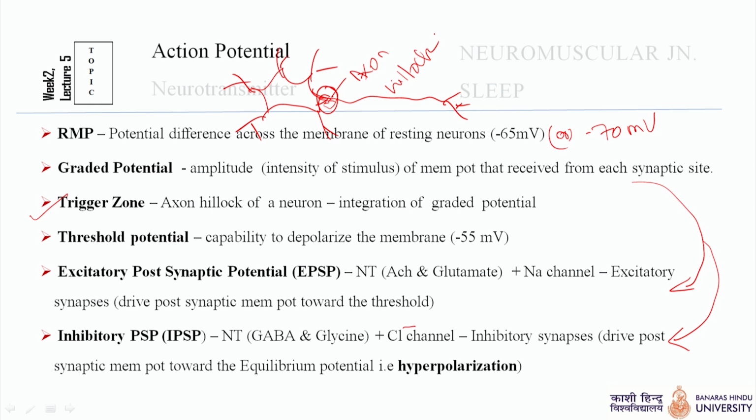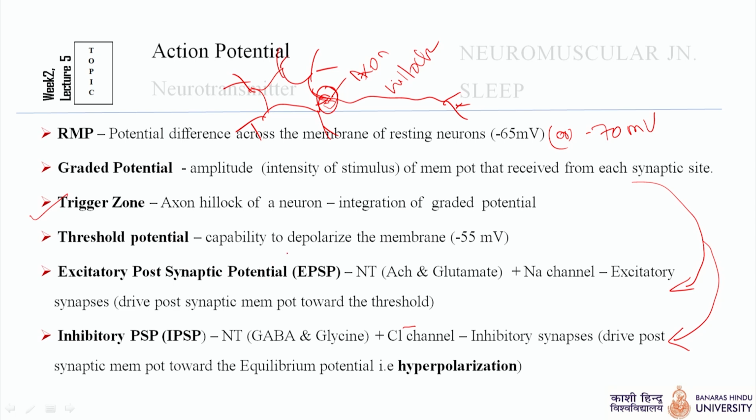Now this axon hillock is called the trigger zone. All the graded potentials will be received through the dendrites and then get integrated at the axon hillock, where, once it satisfies the next condition, that is the threshold potential. Once it reaches the threshold potential, the neuron immediately gets depolarized.